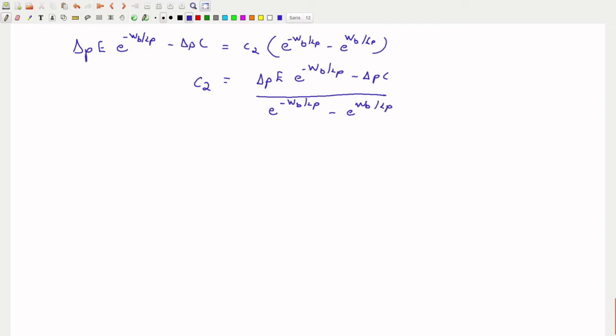This is C2. We can call it equation number 4. Similarly, by adjusting we will get C1 as delta PE minus C2 from equation number 2, where we know delta PE is equal to C1 plus C2.